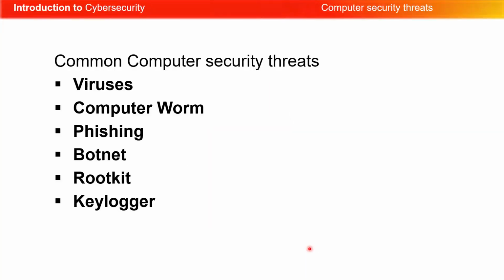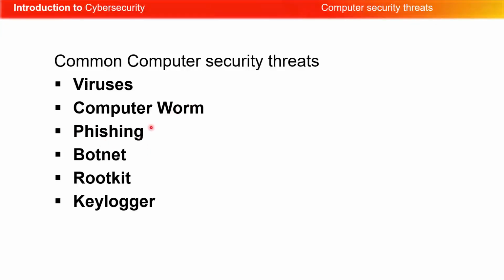Some common computer security threats. Viruses are hidden programs that either update your files without your permission or cause functionality without your permission. Computer worms take over your system memory.